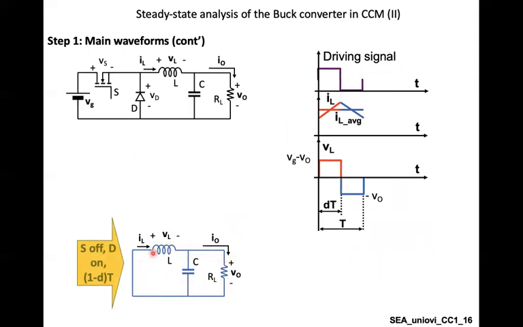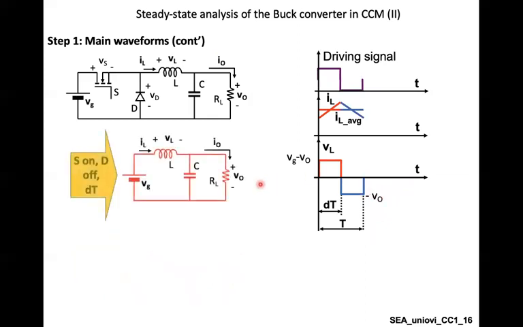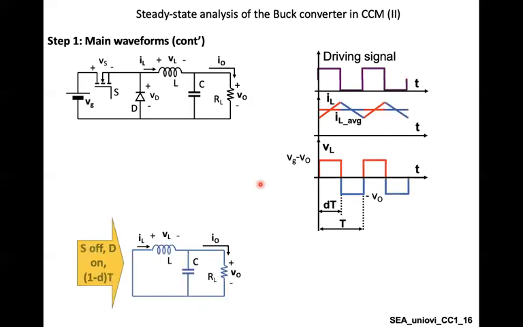So VL plus V output equals 0, which means that VL equals minus V output. That's why there is a negative sign here. So this is simply what will happen. Again, rising up and then falling down.